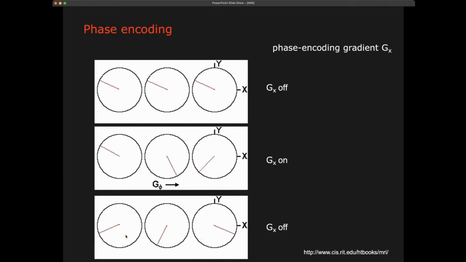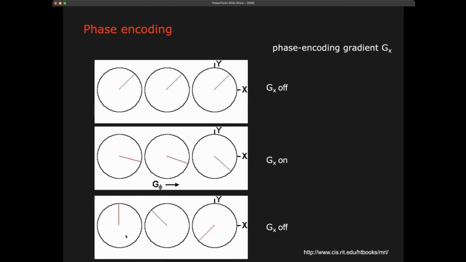So now we have been able to, first, by adding a Z gradient while doing the radio frequency pulse, select a plane. And in that plane, if I now add an X gradient for a while, we can dephase depending on the X position. This is what we call phase encoding.